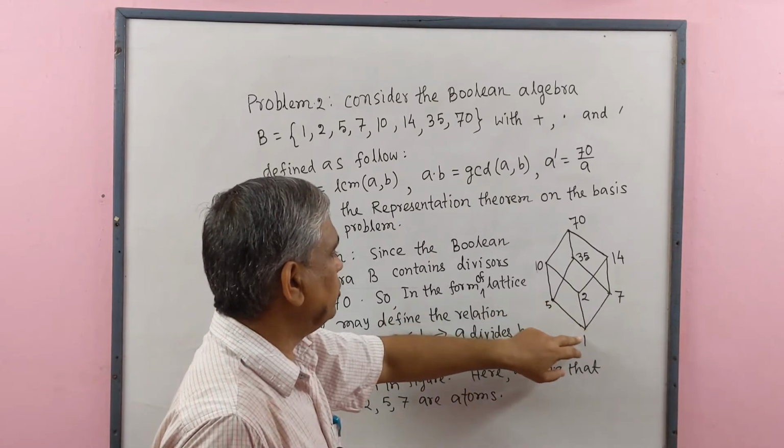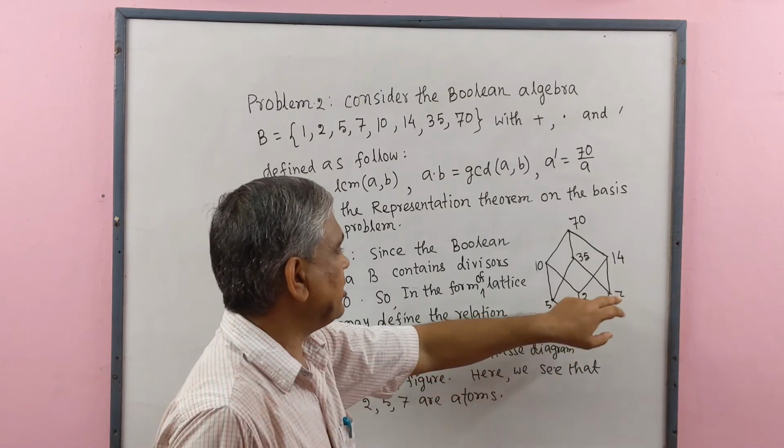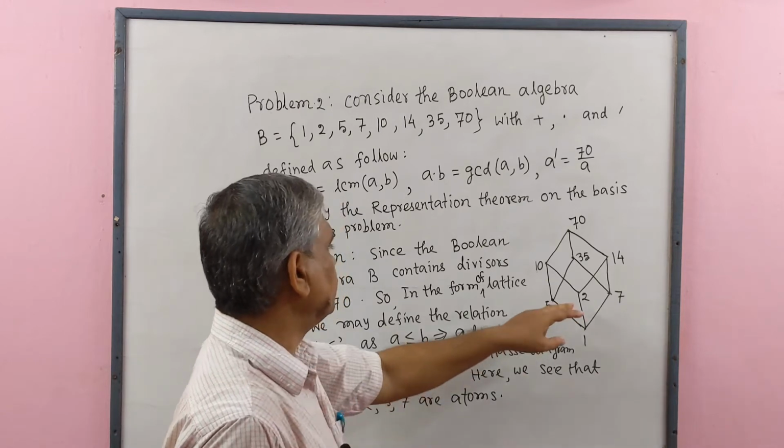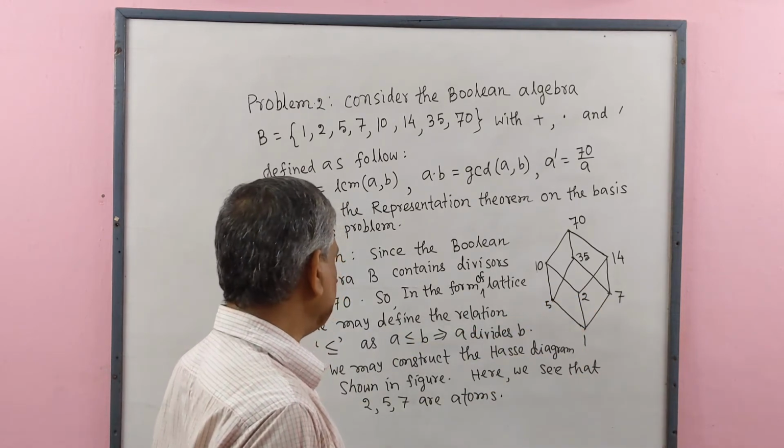Between 1 and 2 we do not get any element. Between 1 and 7 we do not get any element. So 2, 5 and 7 are atoms.